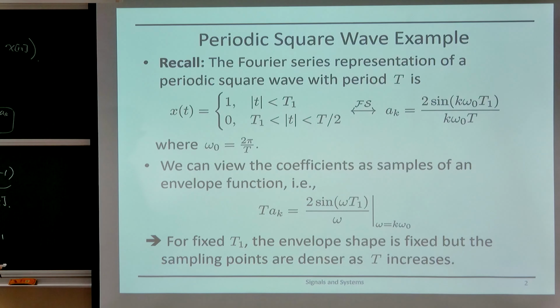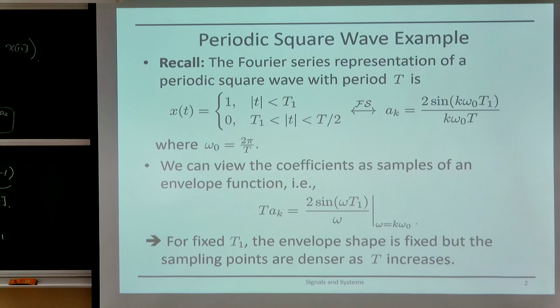In particular, if you multiply capital T to the other side here, this T times ak are samples of this 2 sine omega t1 over omega at integer multiples of k omega naught.